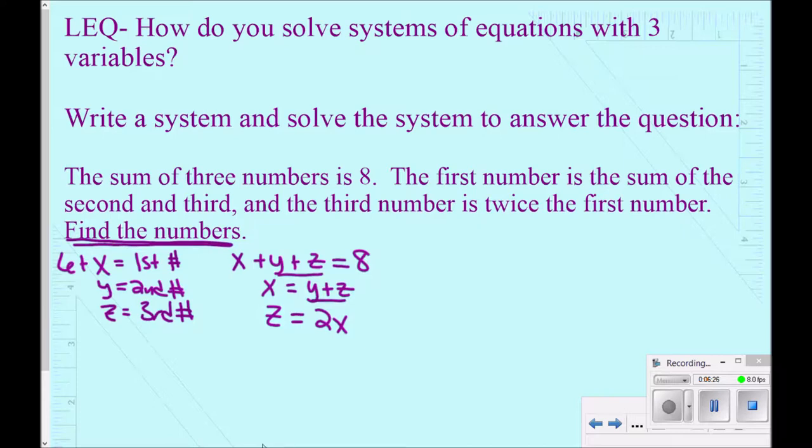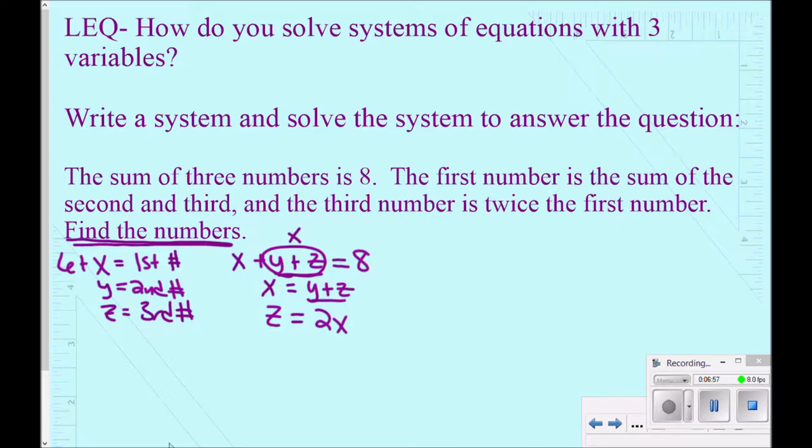So what I will do is I will substitute in to the top equation for y plus z. Since they both have y plus z and we know y plus z equals x, then it would be true for me to say that y plus z, I'm going to replace that with x because x does equal y plus z. And in my substituting x in for y plus z, that actually worked out pretty nicely because I just eliminated 2 variables.